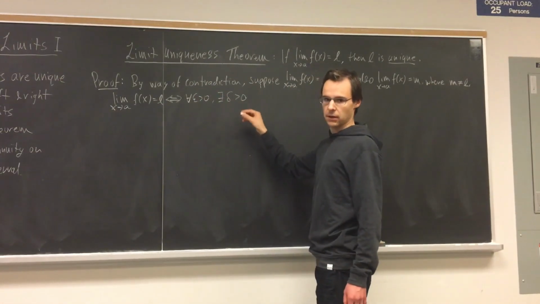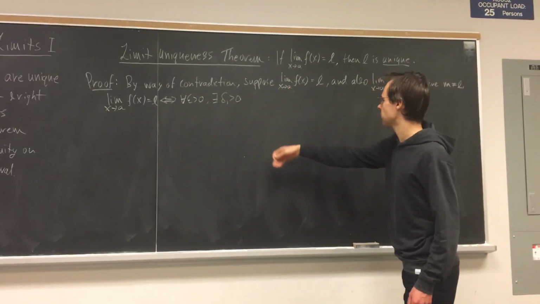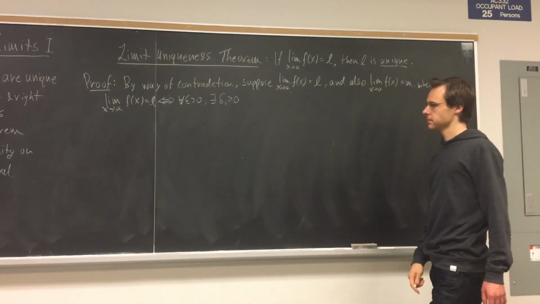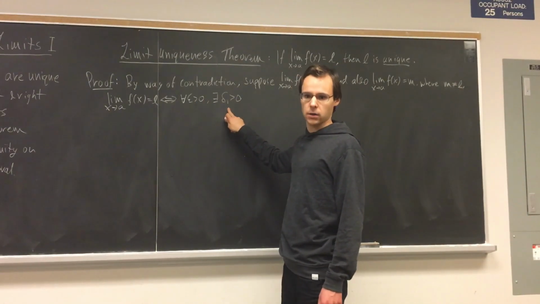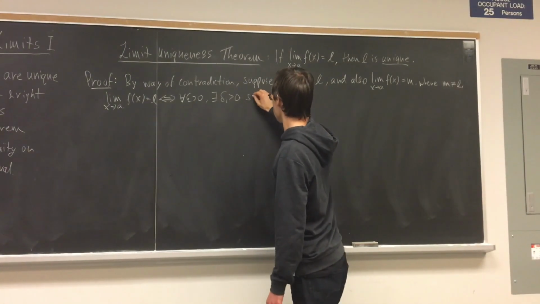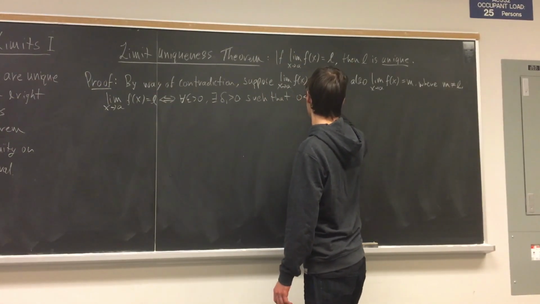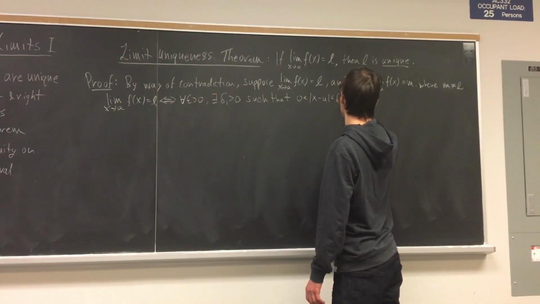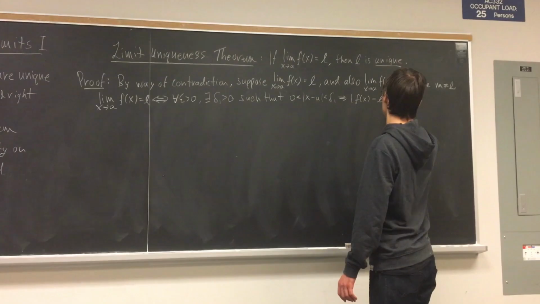Now I'm going to call this delta 1 because there will be another delta coming into the picture when we write down this definition. Okay. So for all epsilon greater than 0, there exists a delta 1 greater than 0, such that 0 less than |x minus a| less than delta 1 implies |f of x minus L| is less than epsilon.